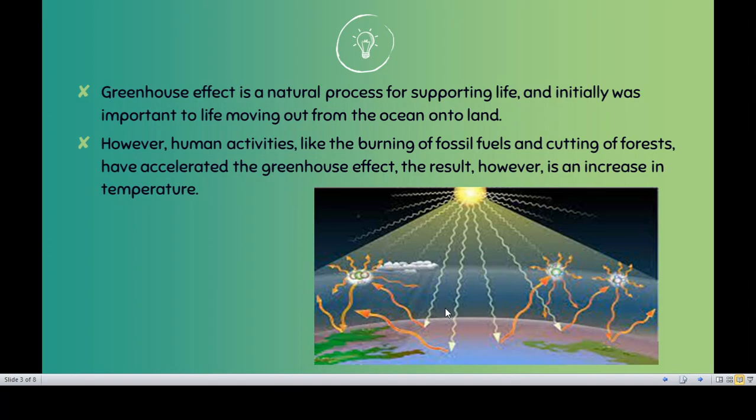But what we have done is cut down the forest, burned the forest, and created fossil fuels for our own use, and effectively there is a rise in the temperature. And what is this rise in the temperature? What we call the global warming process.